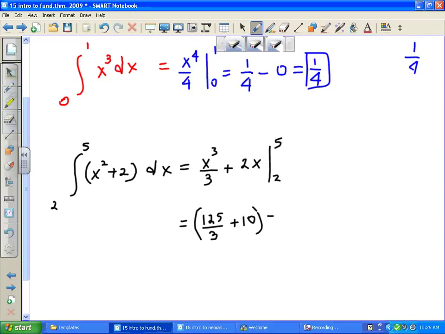Minus the lower limit. And the way I'm going to combine them, I'm going to first combine the whole numbers. Right, that was a plus 4. So to combine the whole numbers, I have 10 minus 4, that's 6. And then I'm going to combine the fractions together. And it's 8/3.